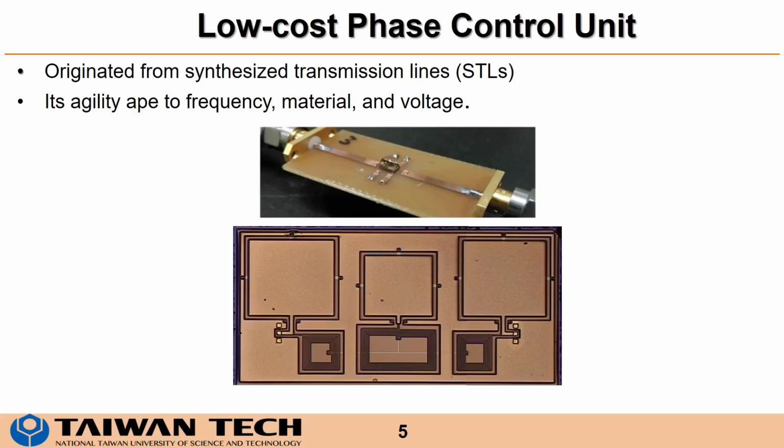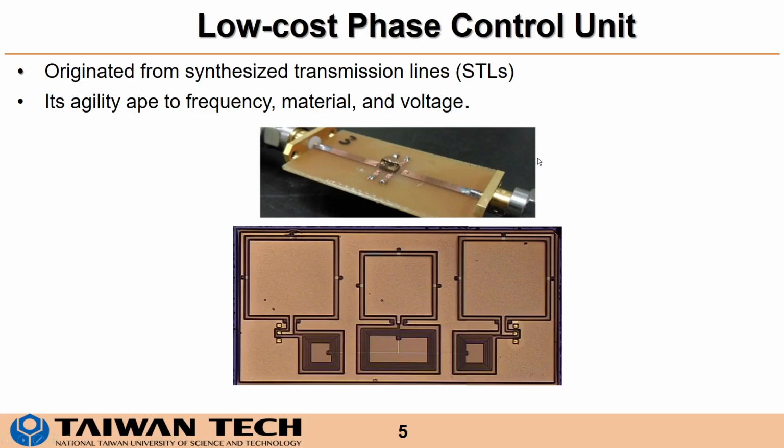In order to fulfill the design requirement, we developed the low-cost phase control units, which are used as a fundamental element. The units originate from the synthesized transmission line concept, with the ability of changing characteristic properties based on the applied control signal. Some figures of the phase control units are shown here.